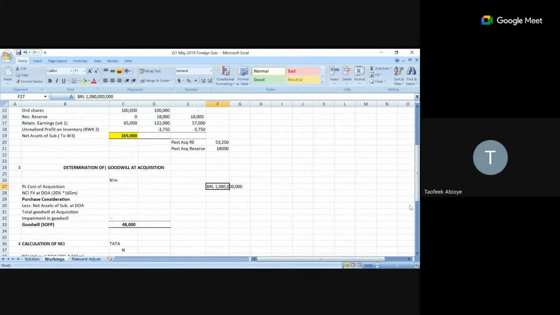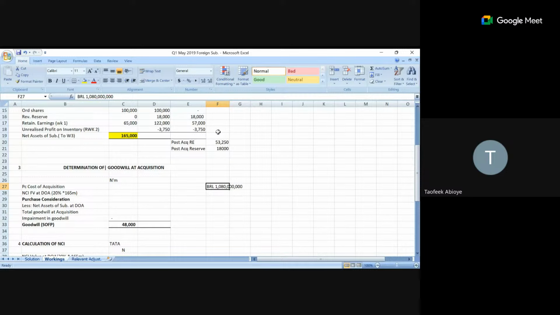When did the parent company buy these shares? So it's at DOA rate. Is it DOA or DOC? I think it is DOA. So what is our DOA rate?